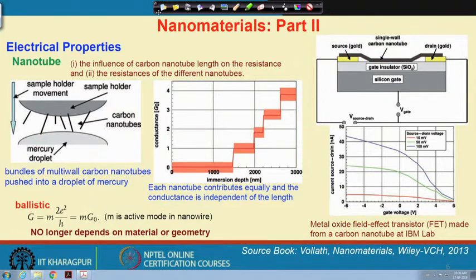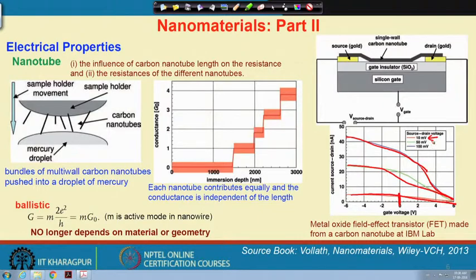So, here also you can see that the voltage and the current, that feature is very much unique compared to the normal field effect transistors, silicon dioxide based.